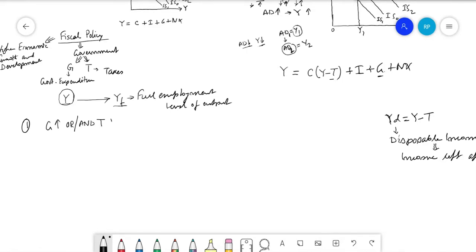decreasing T, it leads to an increase in aggregate demand, and it is known as expansionary fiscal policy.